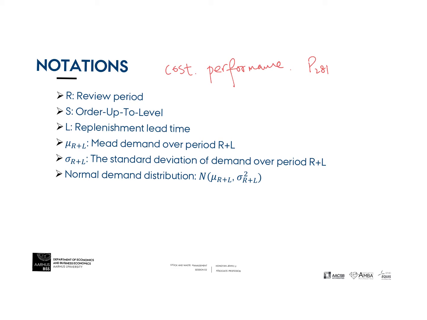Now you can see it's possible to evaluate the on-hand inventory level, which is S, the order up to level, minus your expected demand in the period R plus L, plus half of the expected order quantity.